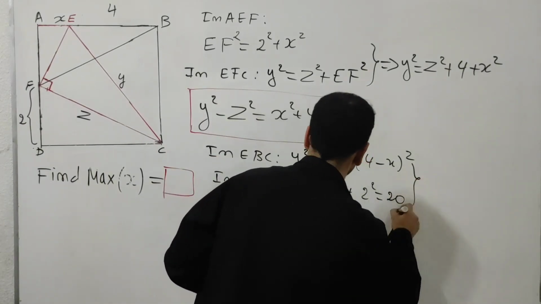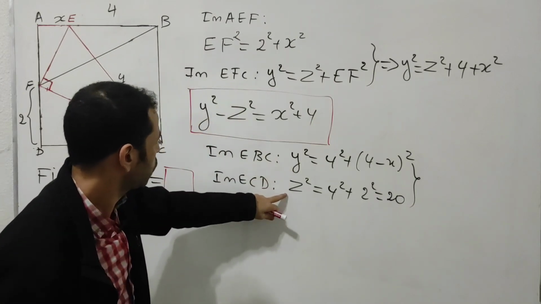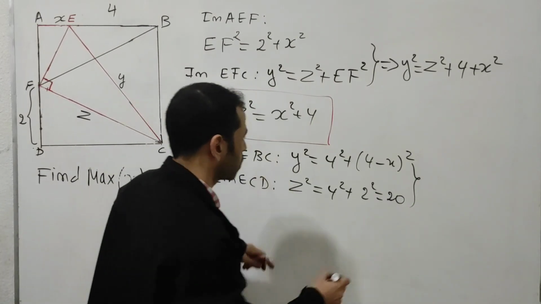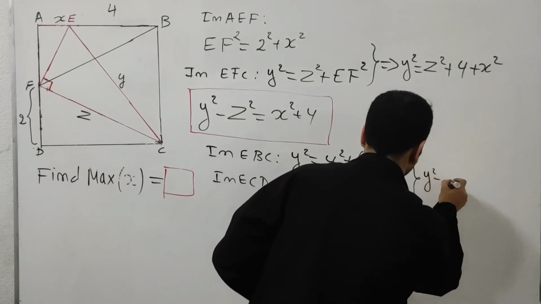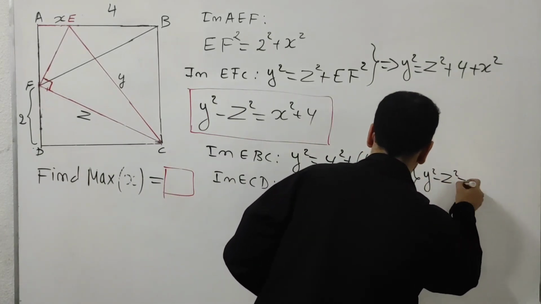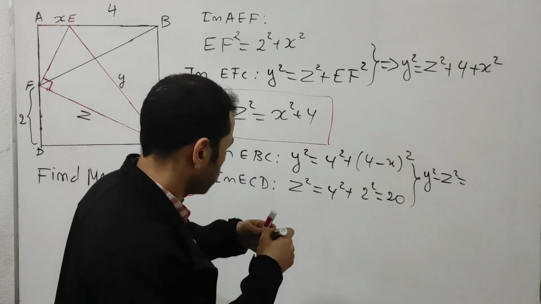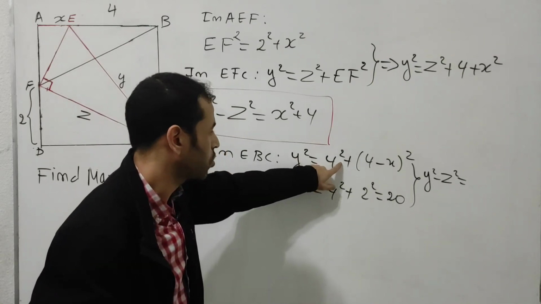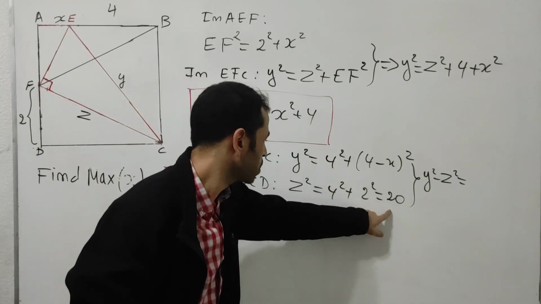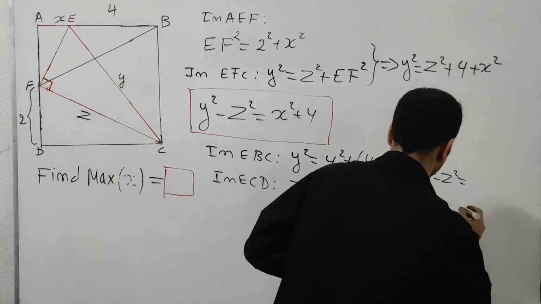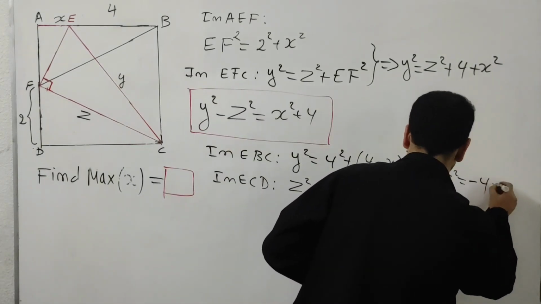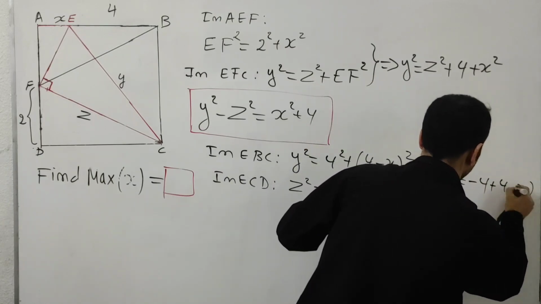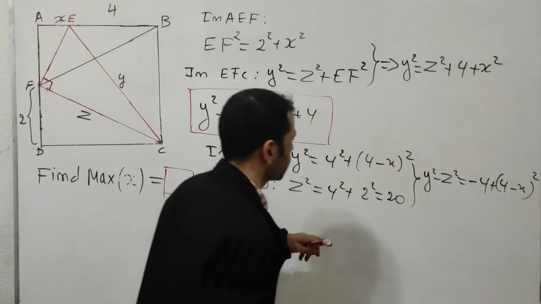Now I'm going to take the difference of these two equations. I will get y squared minus z squared. By taking the difference of these two numbers, I will get 4 squared, which is 16. 16 minus 20 gives us minus 4, plus this term, 4 minus x squared.